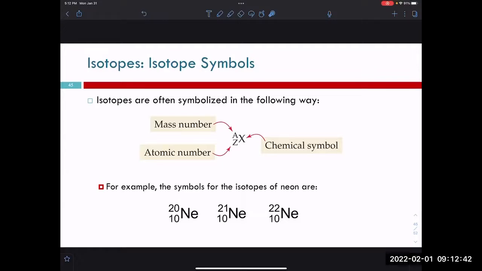And that's just the number of protons. So with this amount of information, you can easily calculate how many neutrons there are. Because the mass number is protons plus neutrons, and the atomic number is just protons. So the difference between those two numbers must be the number of neutrons.